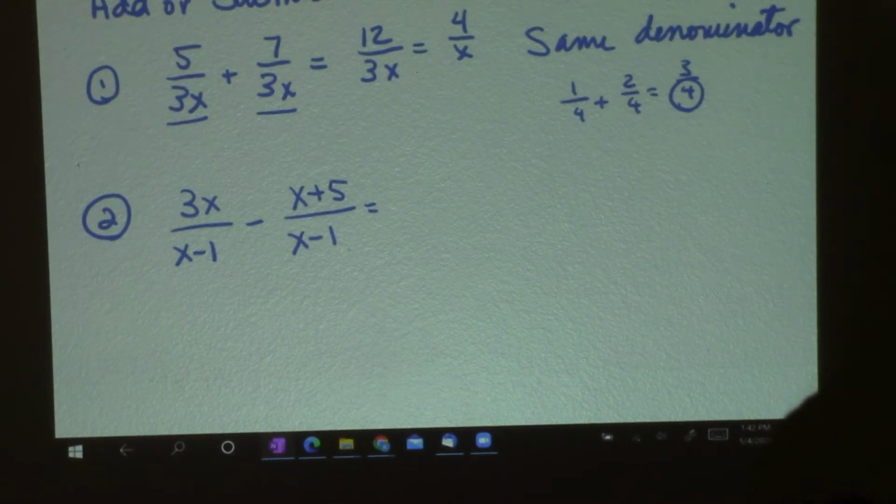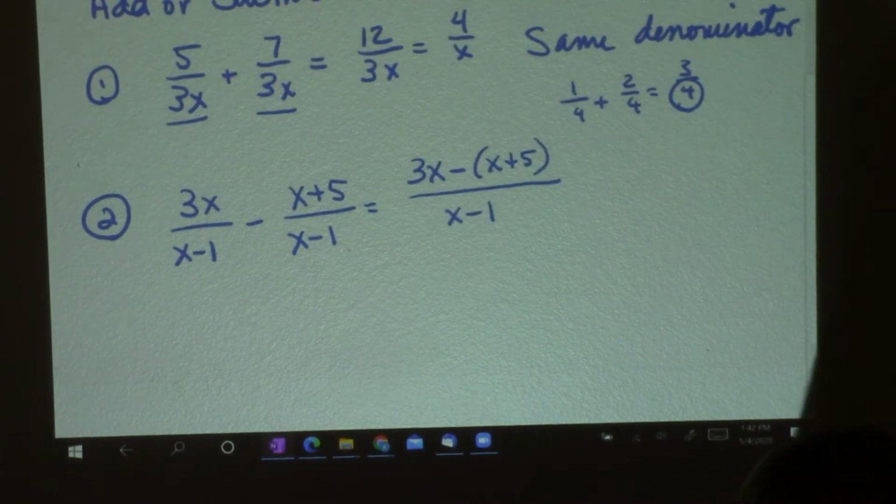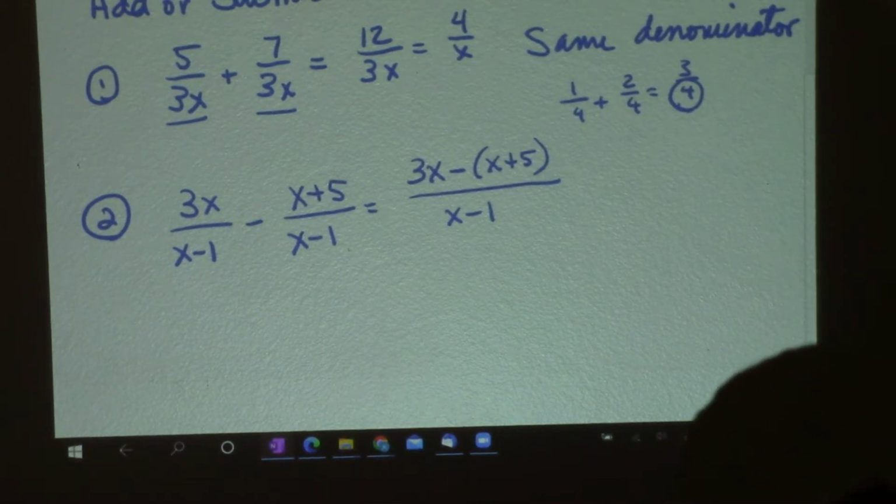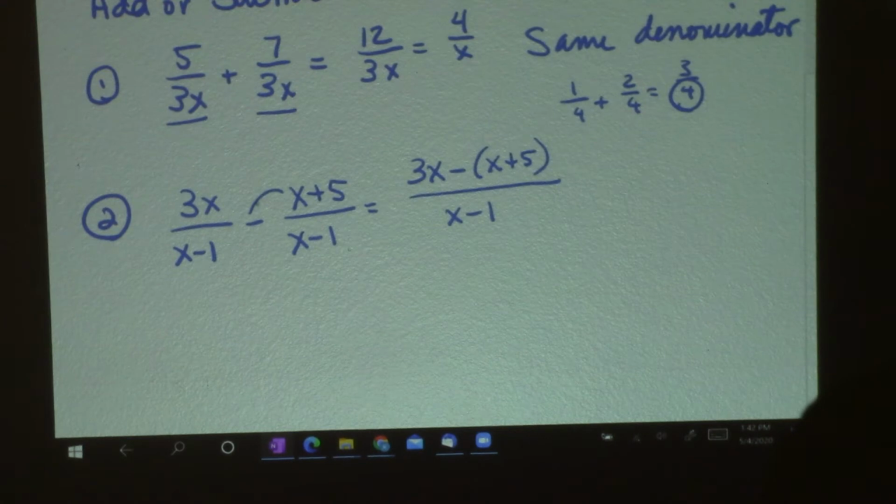And the answer is yes. So really what I'm going to do is take 3x and subtract both of these things. I need to put it in parentheses so that I make sure that I subtract both the x and the 5.